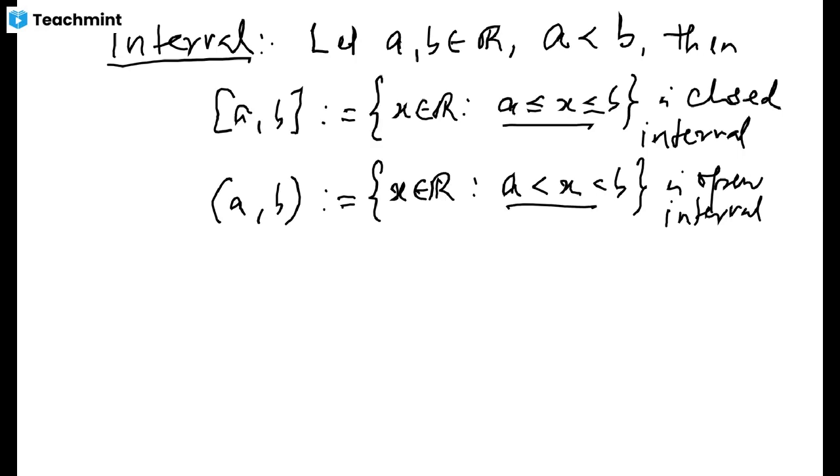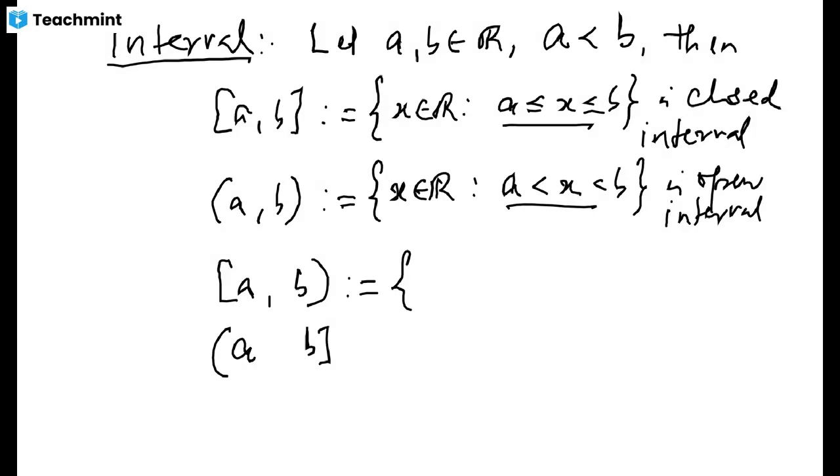Sometimes we may also take endpoint A, but not endpoint B. Then such an interval is known as a semi-open interval. And similarly, you might take B, but not A. So these two types are semi-open intervals, and depending upon which side it is open, you may refer to that side also.